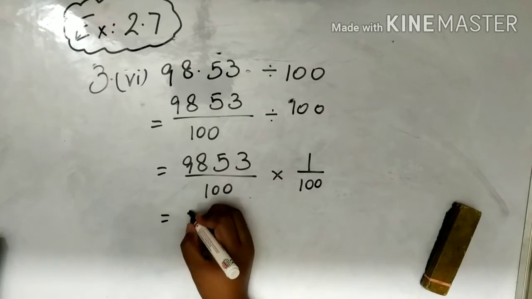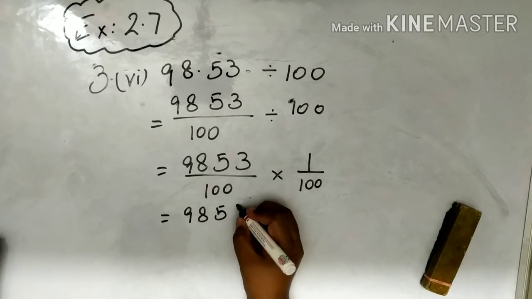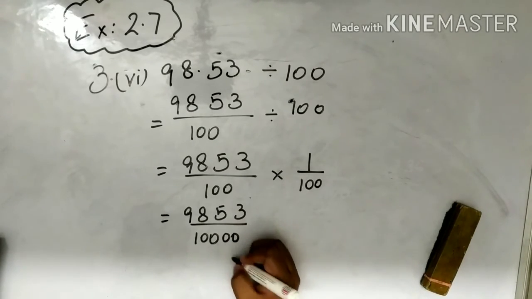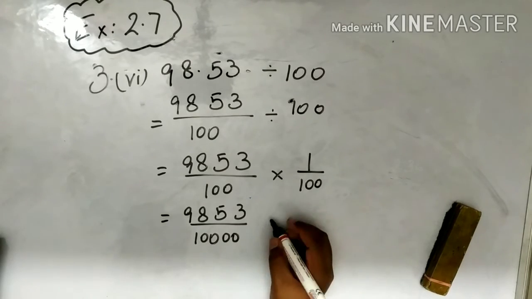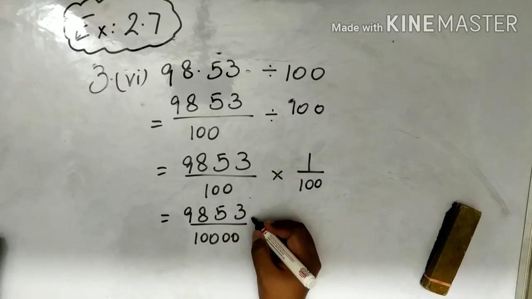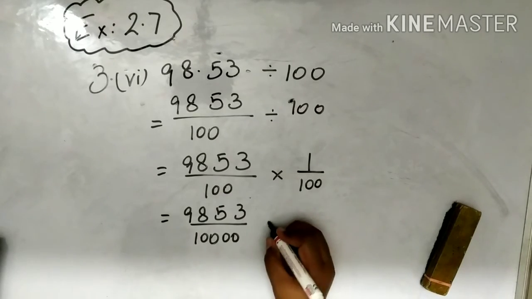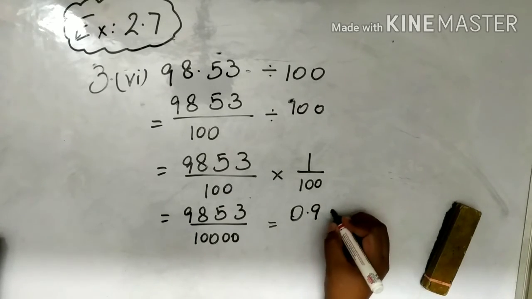So you have 9853 divided by 4 zeros, so 10,000. The decimal point will move 4 times: 1, 2, 3, 4. Answer will be 0.9853.